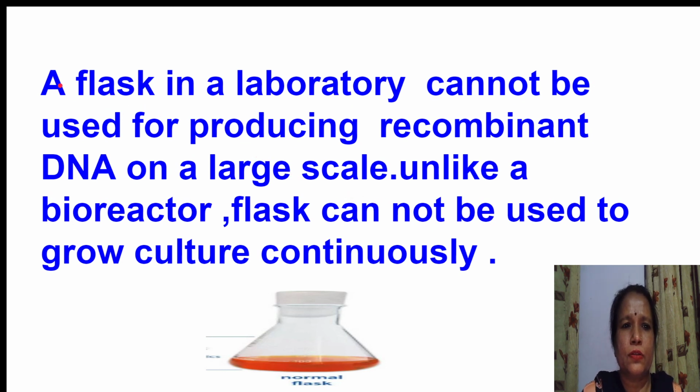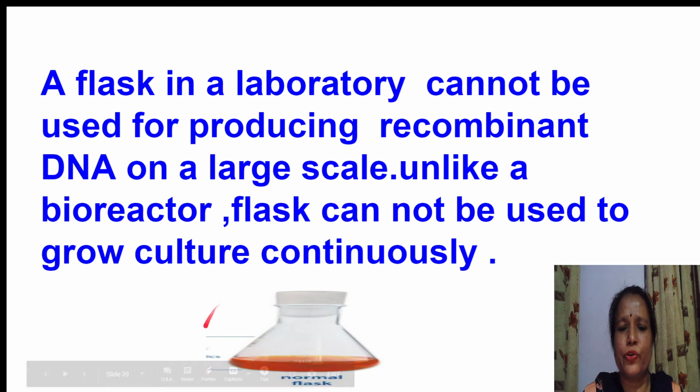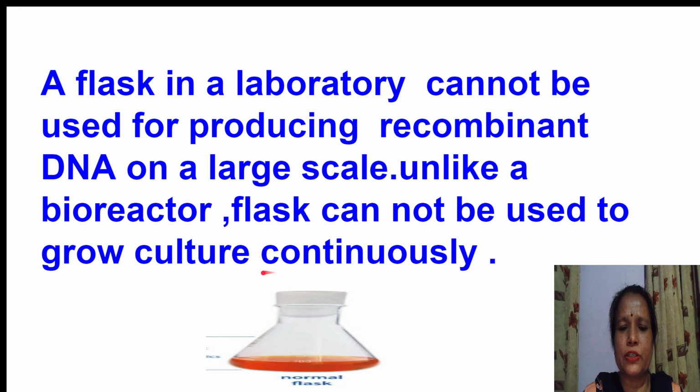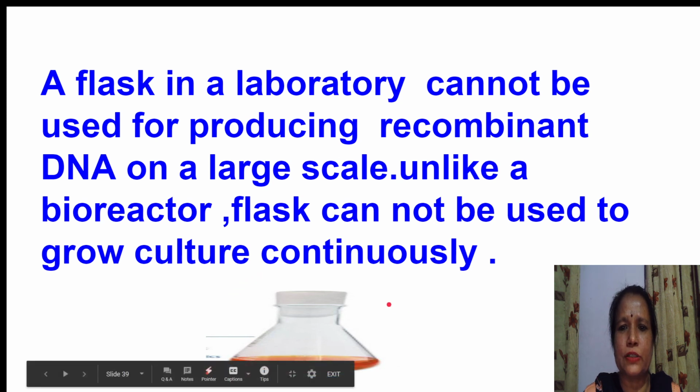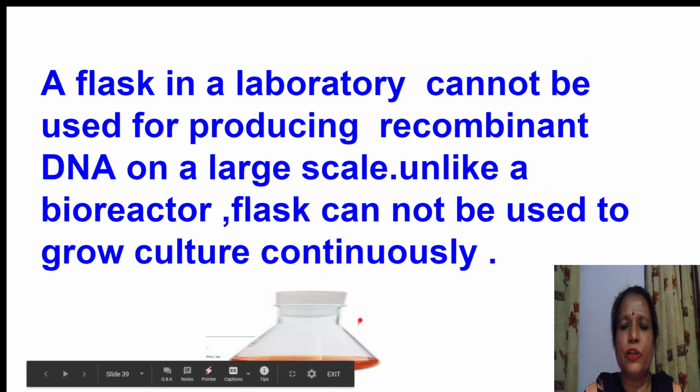so this is a flask. Here, in case of a flask, when we use it for culturing the host and producing the products in a laboratory, it cannot be used for producing recombinant DNA on a large scale because it will utilize a batch culture. Small amount of nutrients will be added and the products will be in a small amount.